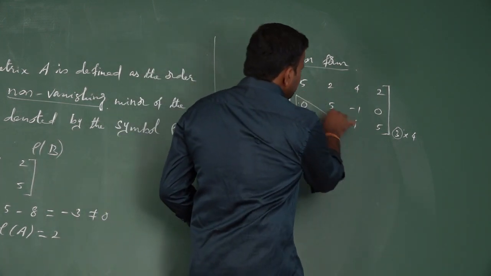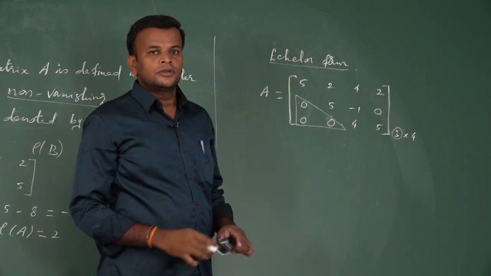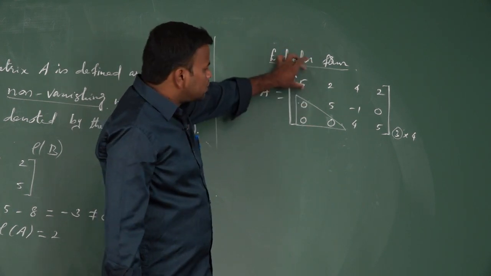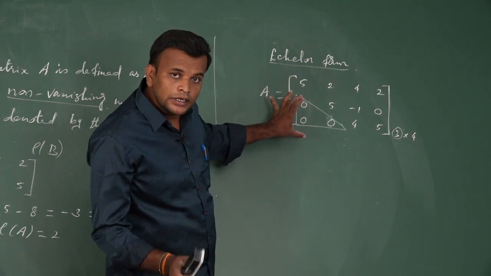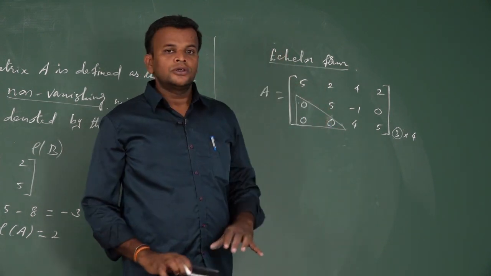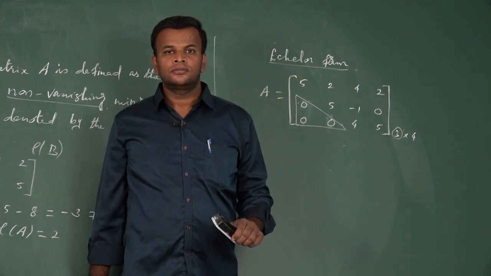Under the non-zero element, at least three elements must be converted to 0. This form of the matrix is called an echelon form.